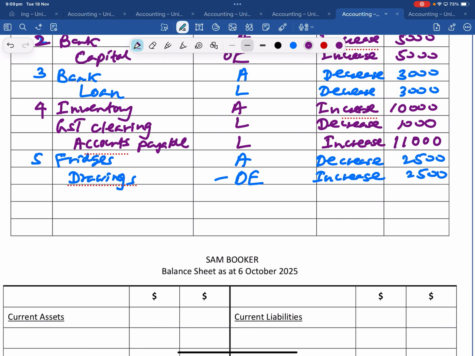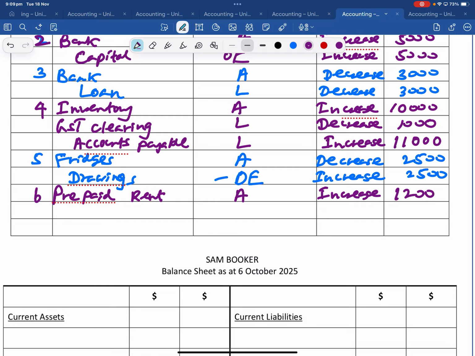Then number 6, what happens? Prepaid rent. So what happens to the bank, guys? No, we'll do bank later. Prepaid rent, what is it? Current asset. We learn it today. Asset increase. How much? 1,200. How did we get 1,200?